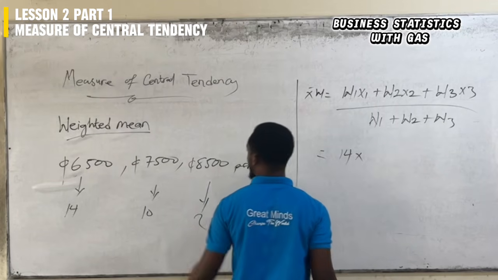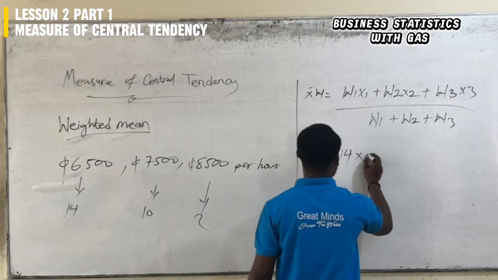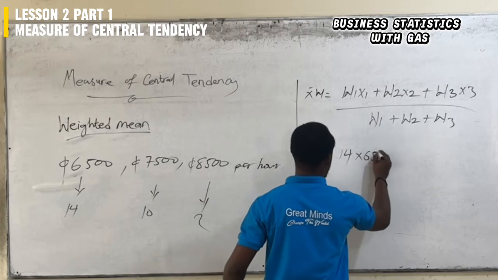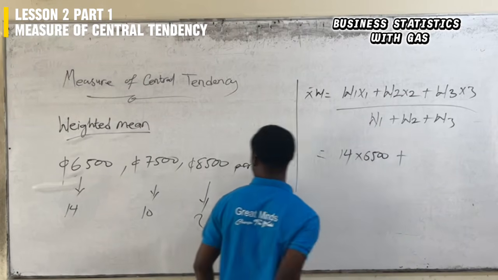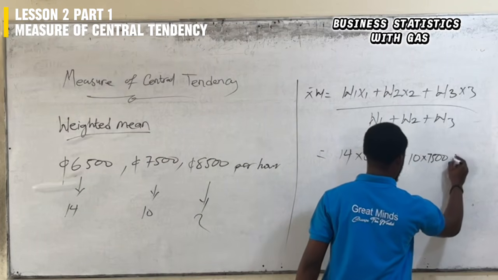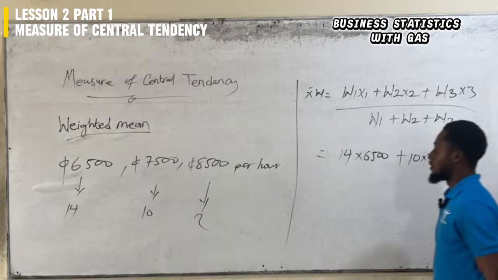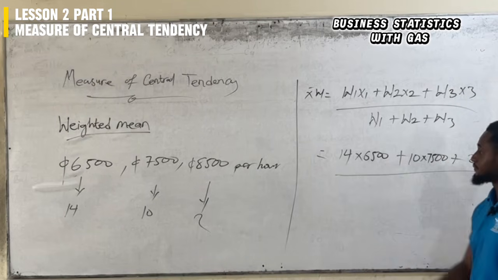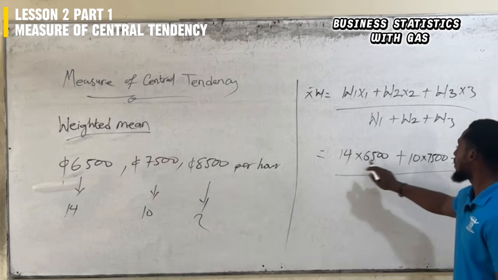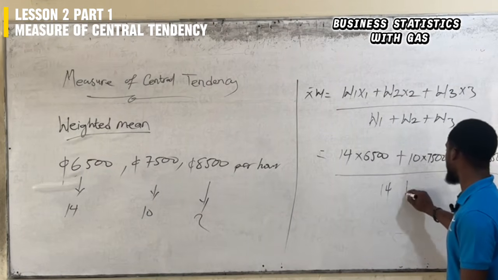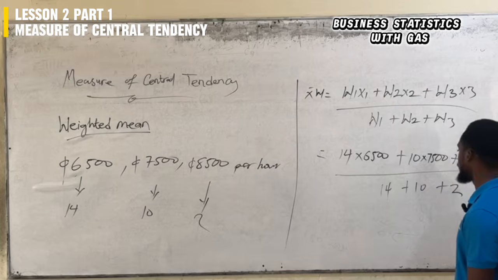Then the X is going to be our rate. So 14 multiplying 6,500 plus 10 multiplying 7,500 plus 2 multiplying 8,500, all over the sum of the number of employees you stated here. So 14 plus 10 plus 2.